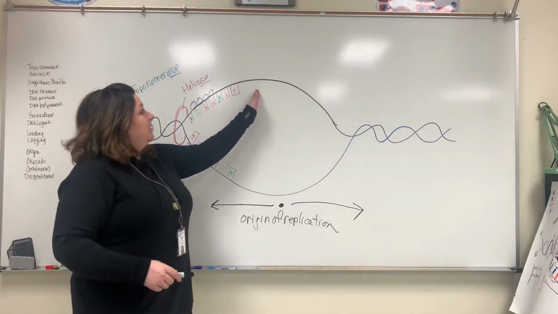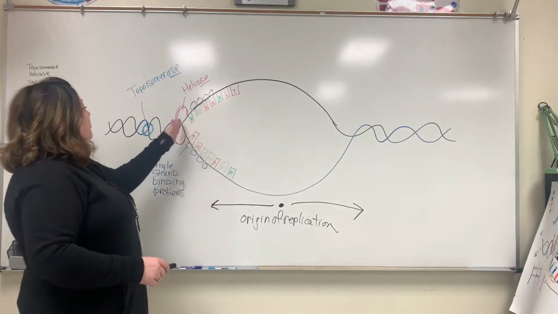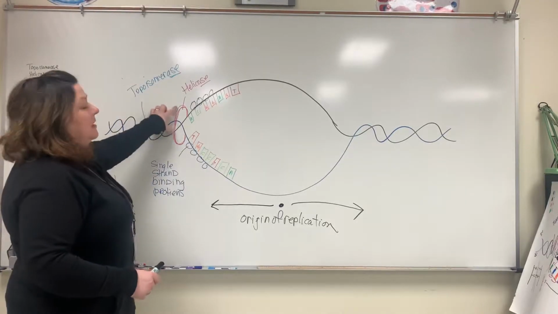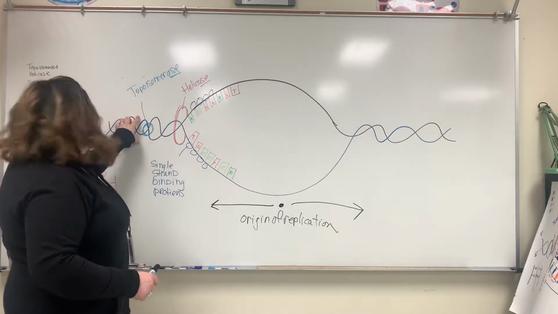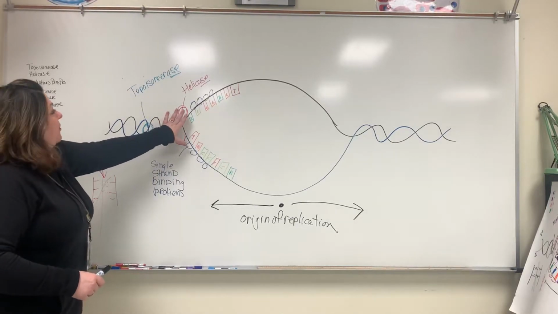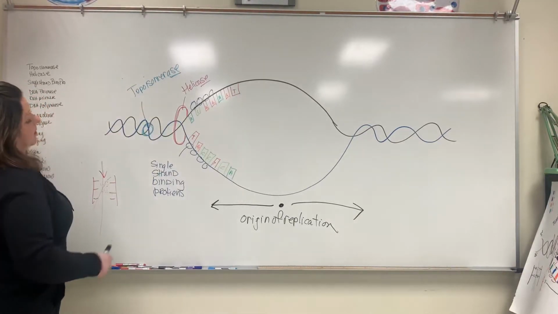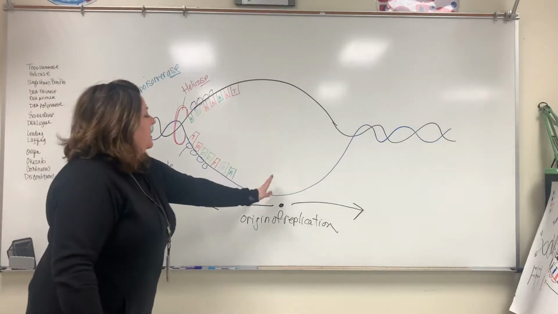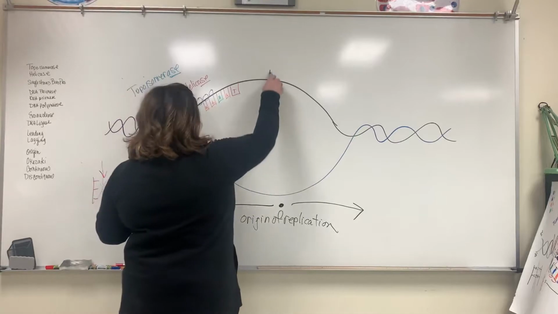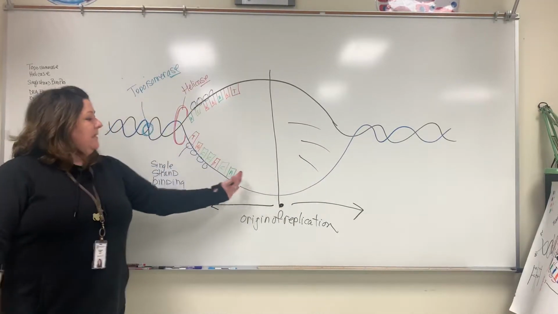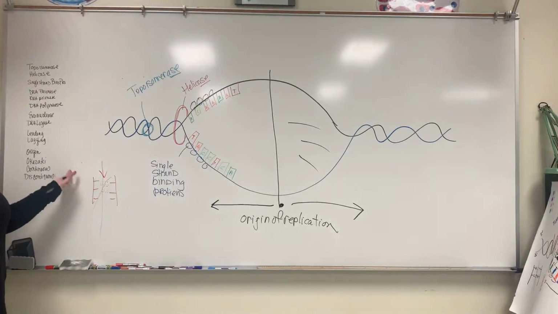So it's actually starting here and going this way towards the helix. So these guys are the leading, they're starting the process. They are unwinding it. They are breaking the hydrogen bonds. So this goes first, and the bubble will kind of follow it, okay? So remember that, we're going in this direction. We're gonna kind of ignore the second half of this right now, and we're coming in this direction, okay? Now that's gonna be important here in a minute.